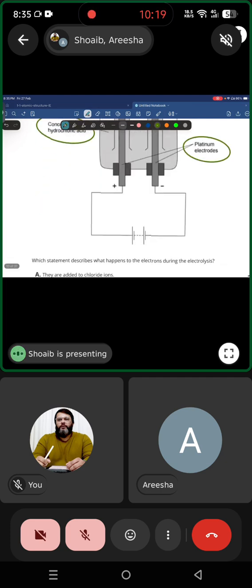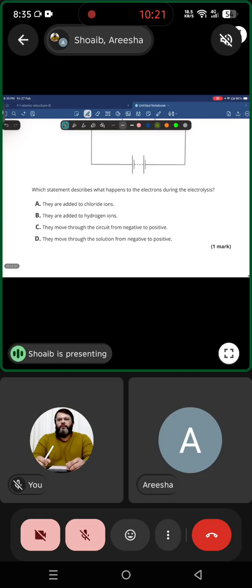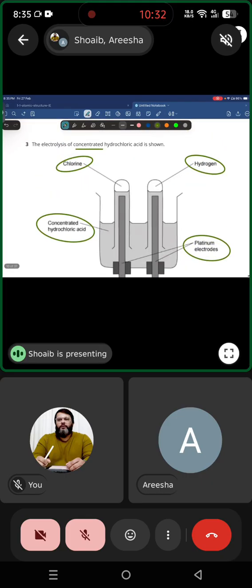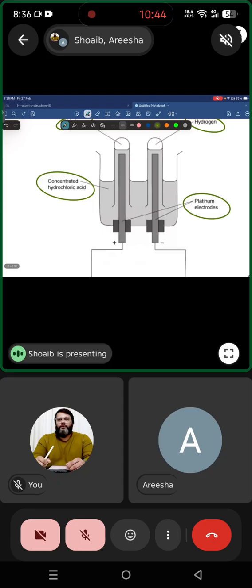Now, which statement describes what happens to the electrons during the electrolysis? All the things are mentioned here, so the questions that can be answered are: what product will be produced at the anode, that is chlorine; what product is produced at the cathode, that is hydrogen; what type of electrodes are used, platinum or graphite; and what type of solution is used if chlorine and hydrogen are produced, that is concentrated hydrochloric acid.